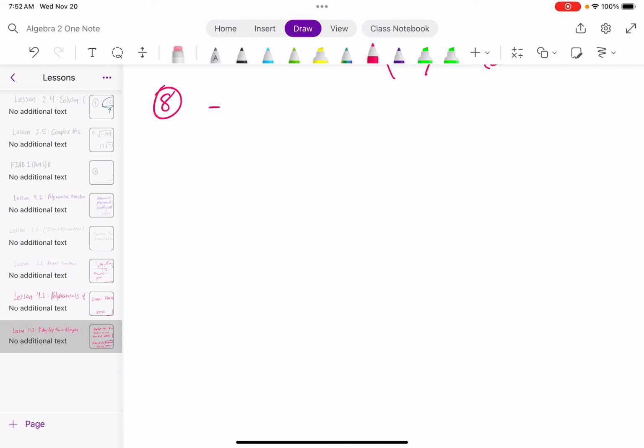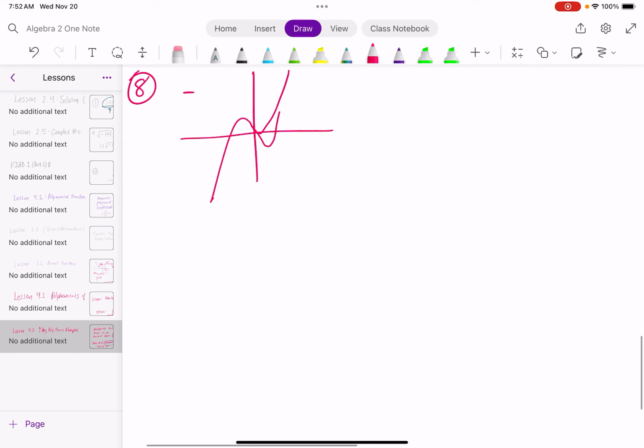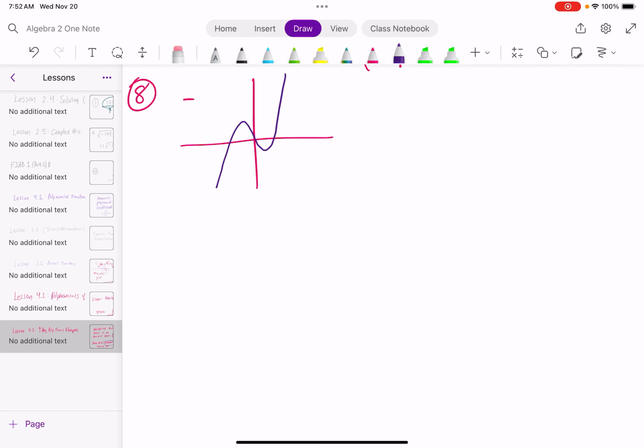I'm just going to tell you how it looks. It looks kind of like that. So it has a 0 here, here, and here. This is not too hard to do.